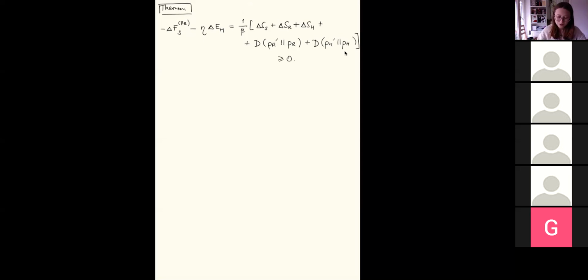Okay, so this is our theorem. You see that when we are using these two reservoirs, even though we might not interpret having these two parts of the machine as a Carnot machine, our Carnot efficiency comes up anyway.